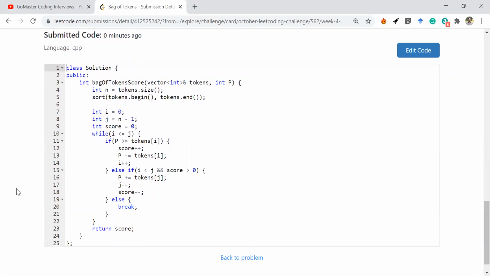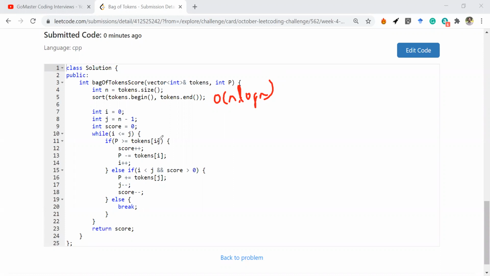So what is the time complexity of this? We sorted them initially. If there are n tokens, it took big O of n log n time to sort. And after that, it is a linear time method, because we start with i equal to 0 and j equal to n minus 1.